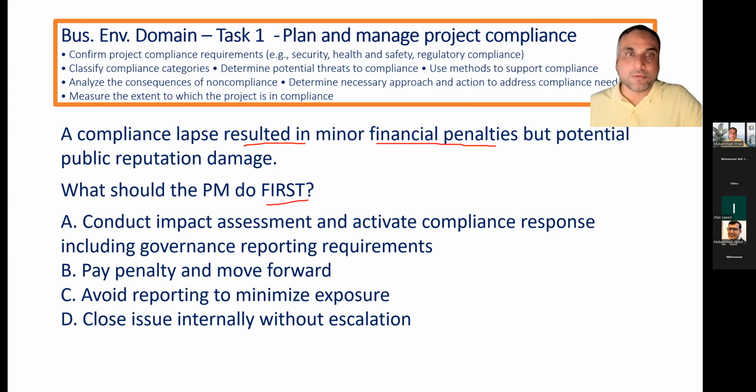Very good. We need to perform the impact assessment. We cannot ignore compliance. So that was the end of Task 1 for the business environment domain, where we discuss, plan and manage project compliance.